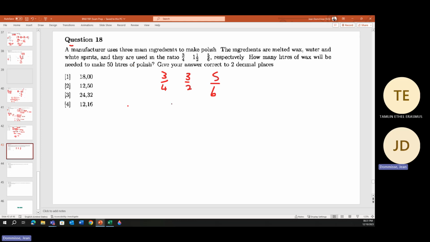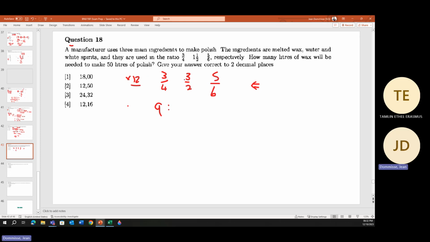So the first thing we will probably need to do is to get a common denominator for this one. So probably 12 will suffice. So let's use 12. If I multiply by 12 straight through, it will be 12 times 3 divided by 4, which will give me 9.